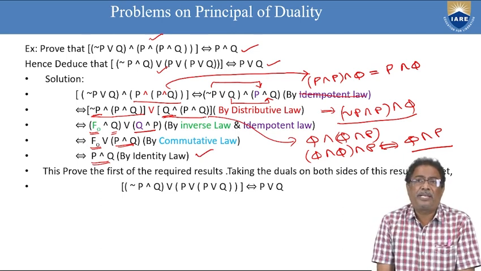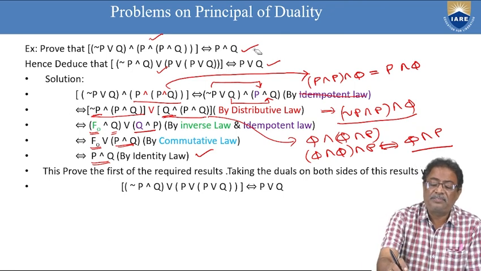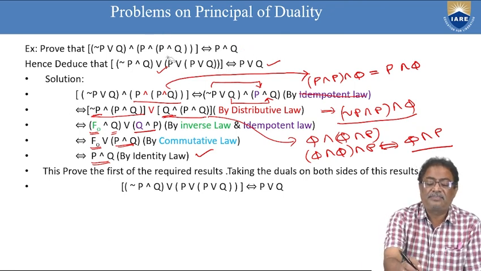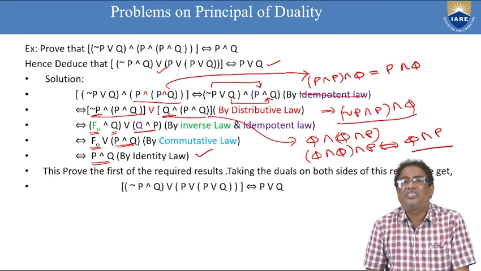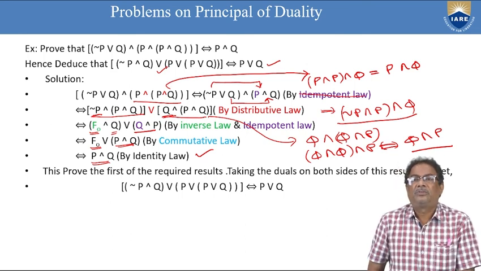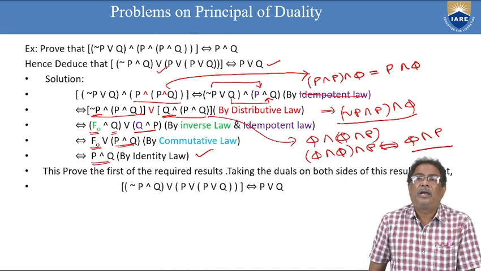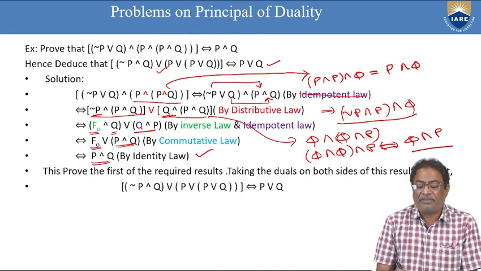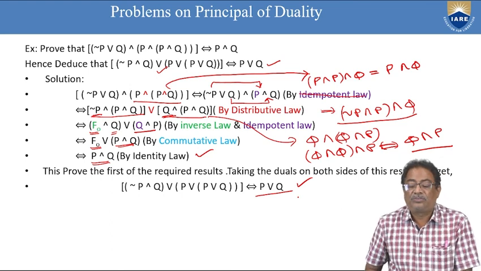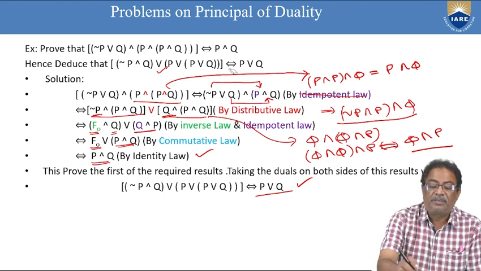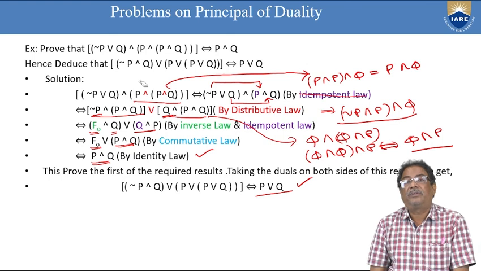Once I get the first result, the second one is the first compound proposition's dual. So here we are going to use the dual concept, and straight away we are going to write its dual, which is nothing but the second one.